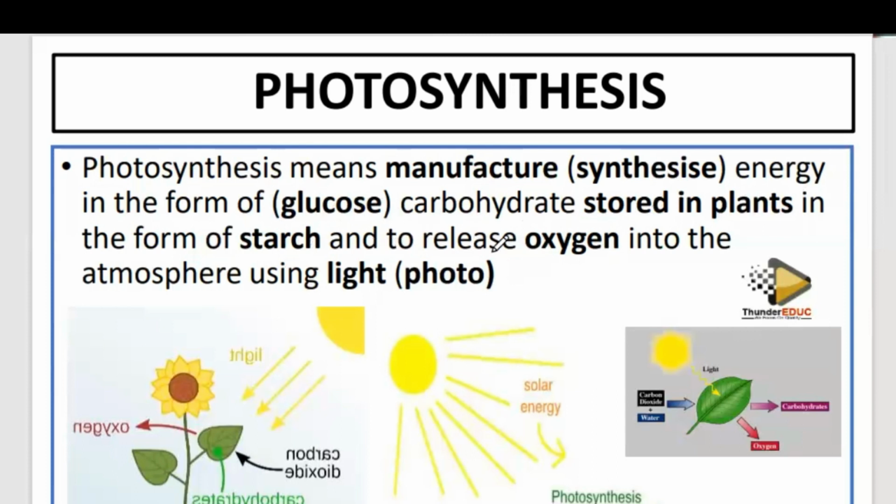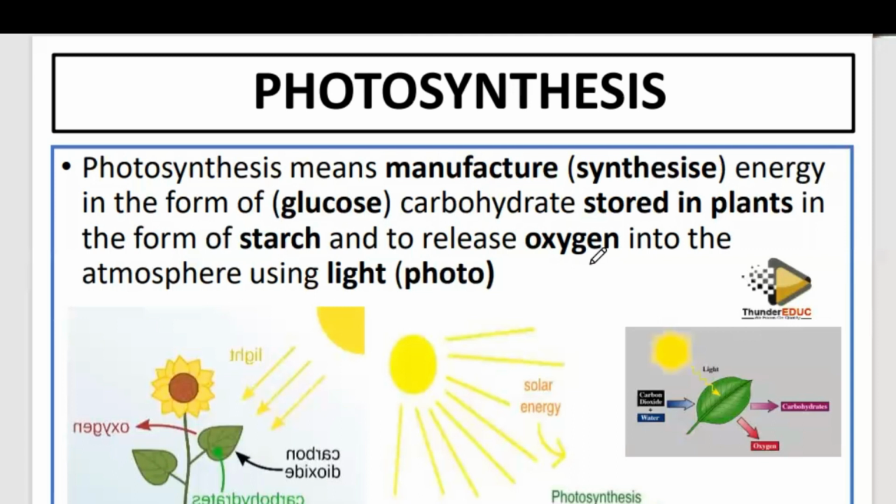Photosynthesis also releases oxygen into the atmosphere using light. So it does not stop there. It also produces oxygen, but oxygen comes as a byproduct to the atmosphere. So we benefit through photosynthesis in two ways, actually three ways.